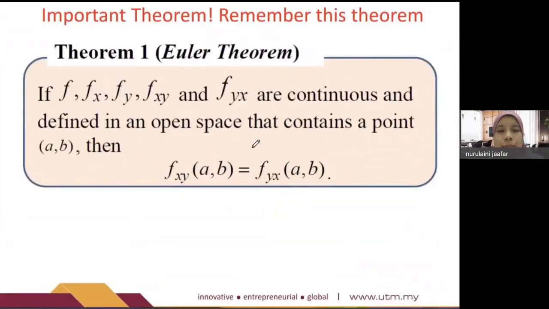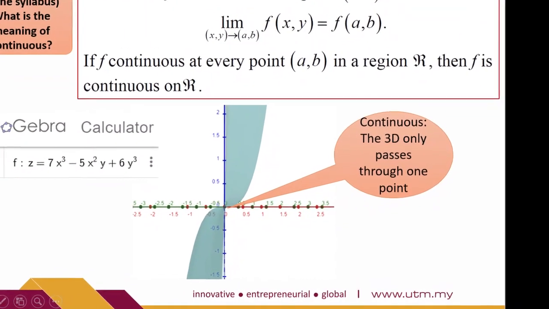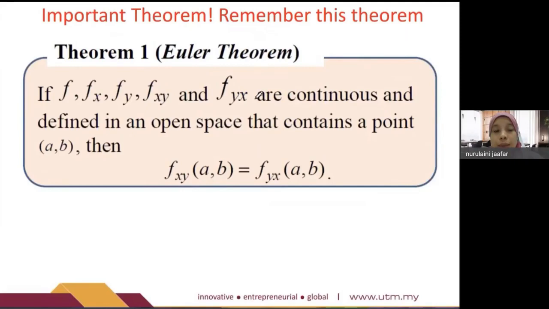This is what we call the theorem. It means that if f, fx, fy, fxy, and fyx are continuous, then we can say that fxy is equal to fyx.